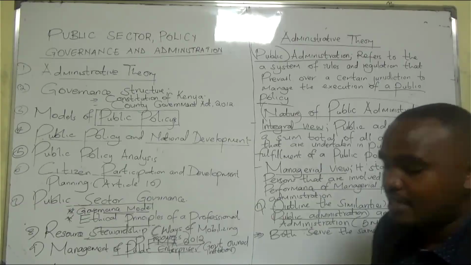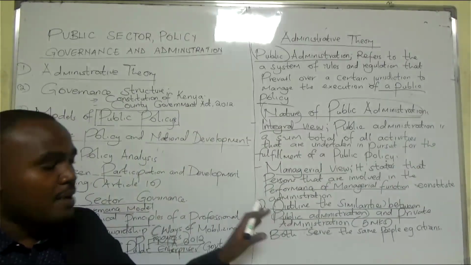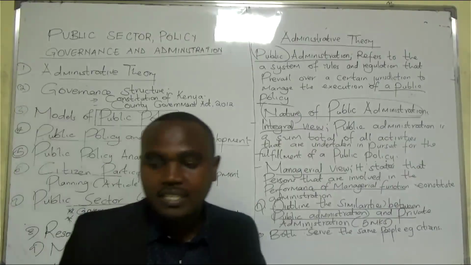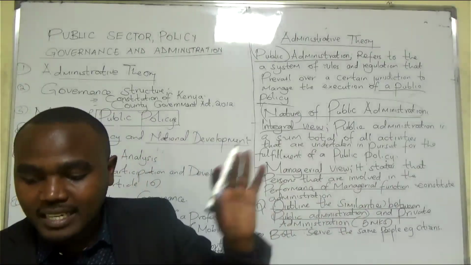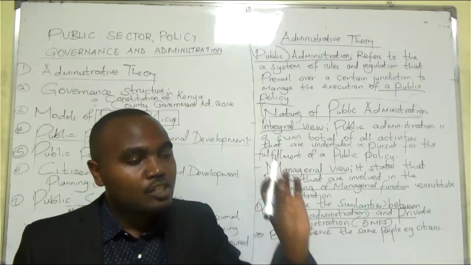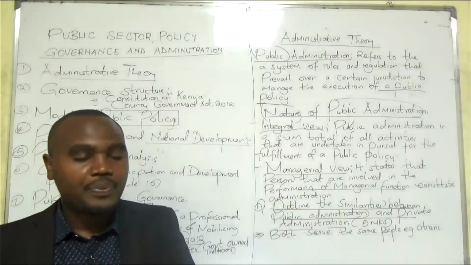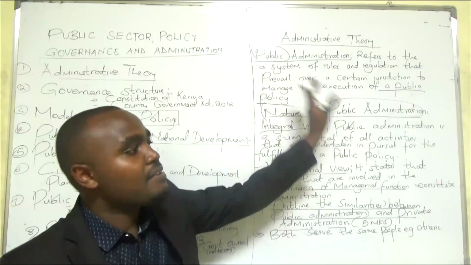That is what is in the syllabus. The most common disciplines that are very important as we study this public sector is 1, the relationship between public administration and private administration.